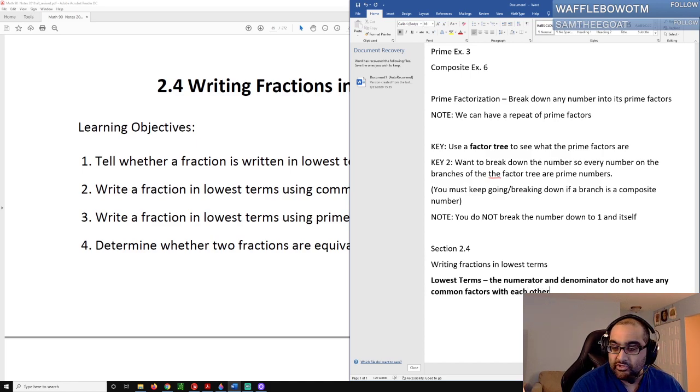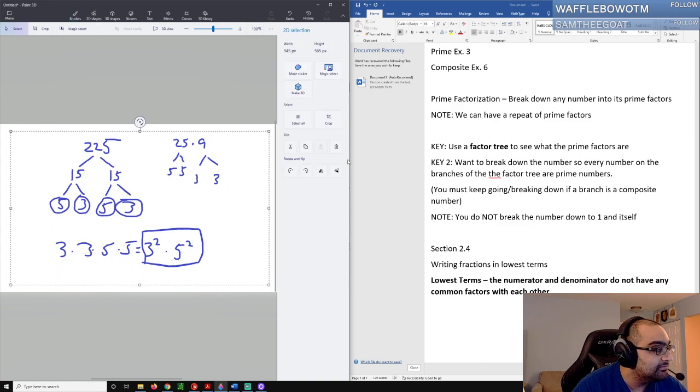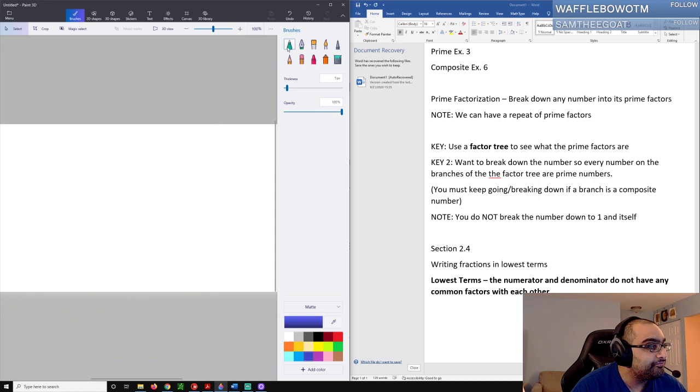We'll expand upon this using actual numbers, but the basic idea is that the numerator and denominator do not have any common factors with each other. Now, I want to point out one important thing here. It can have a composite number. This would be an example of a fraction in lowest terms: 11 over 24.